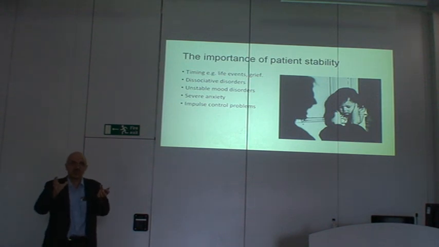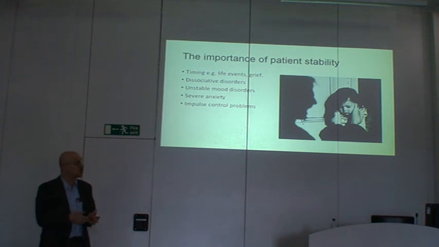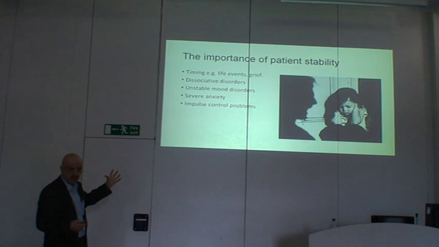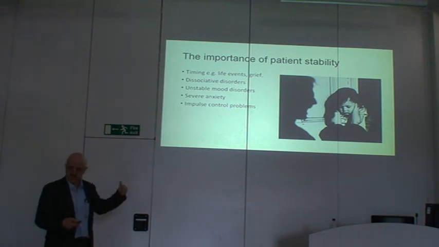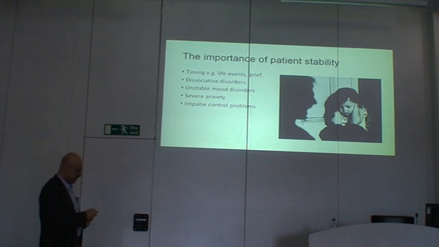One of the patients described it as being in a glass box, as if they are not there. Physically they are there, but they don't respond to the therapy. And severe anxiety, again, is a bigger problem in therapy. Impulse control problems are associated at times with complex trauma, but can also be associated with severe anxiety.